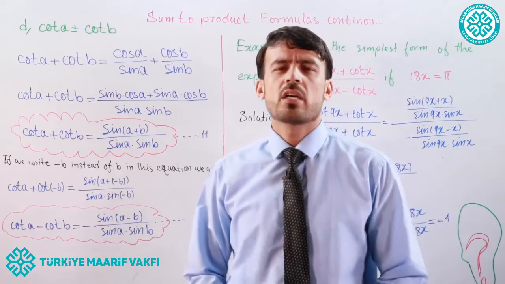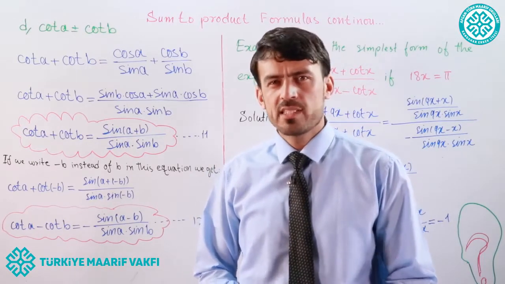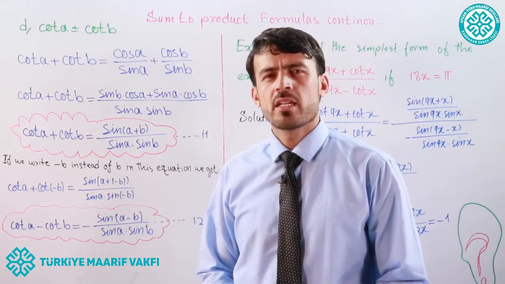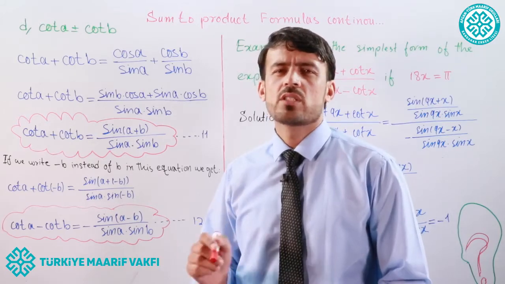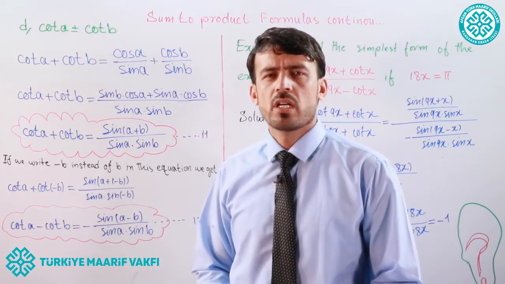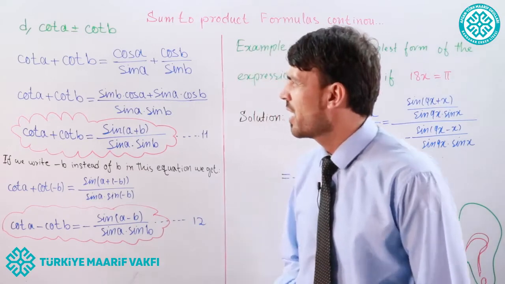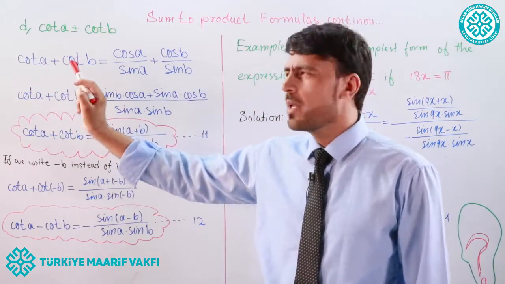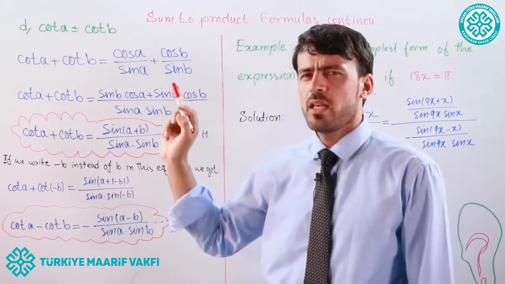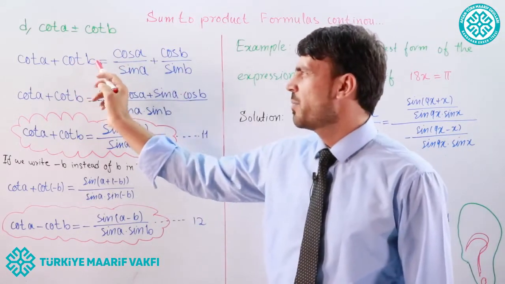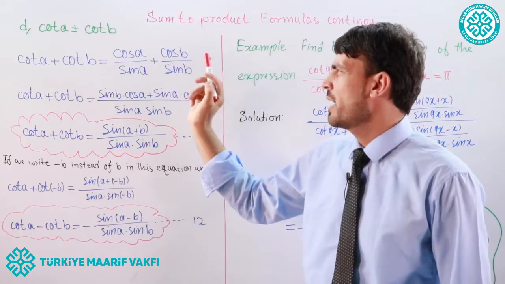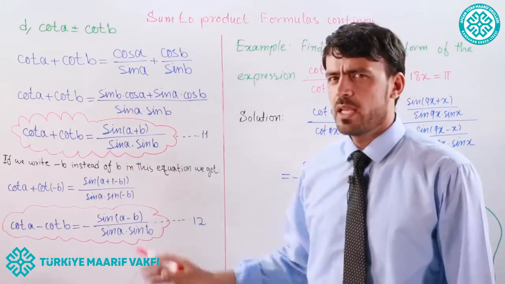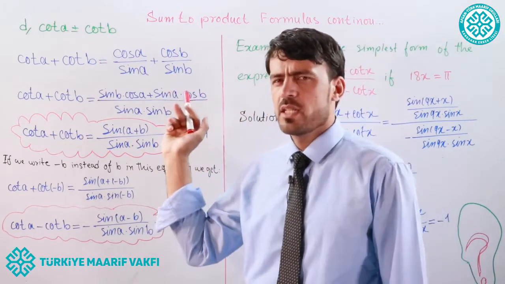We know that cotangent of an angle is equal to cosine of that angle over sine of that angle. Here we have two angles A and B. So cotangent A will be cosine A over sine A, and cotangent B will be cosine B over sine B. Here we have two fractions.